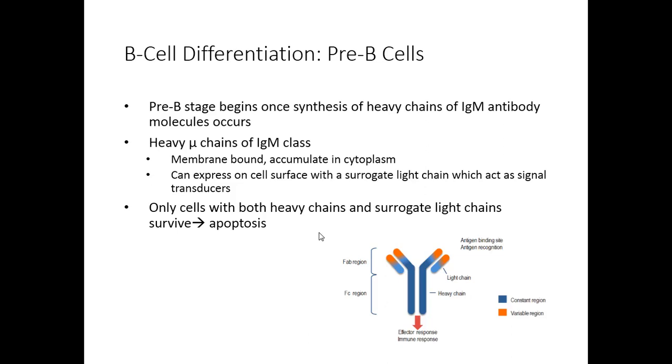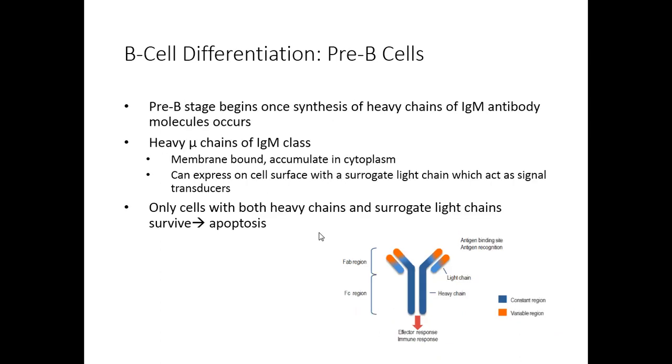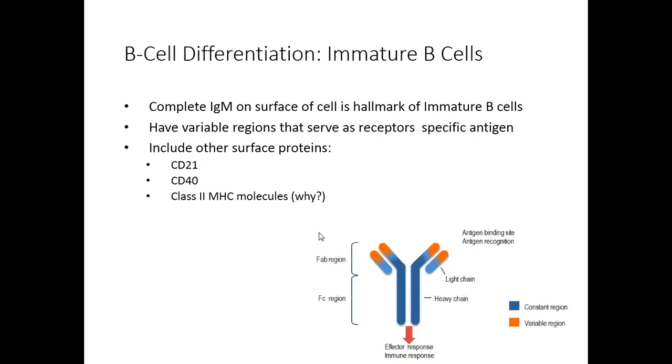And that cloning stage is called the immature B cell stage. So when it gets to the point of having met the requirements, moving past the deletion of ineffective pre-B cells, you've got heavy chains, you've got light chains, you've got the pre-B cell receptor formation. That signals the ability for clonal expansion, and you then start calling them immature B cells.